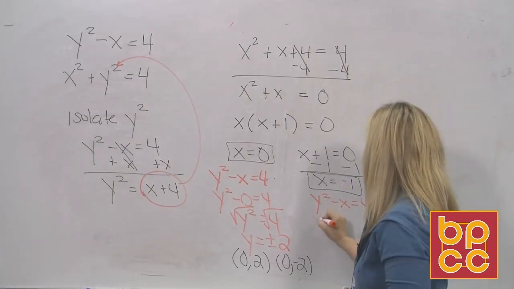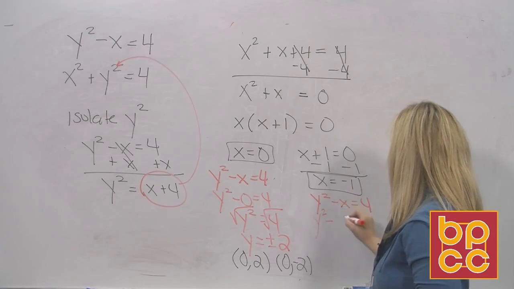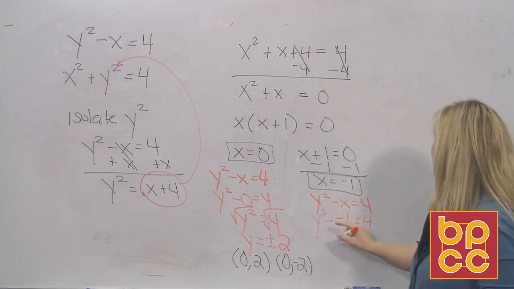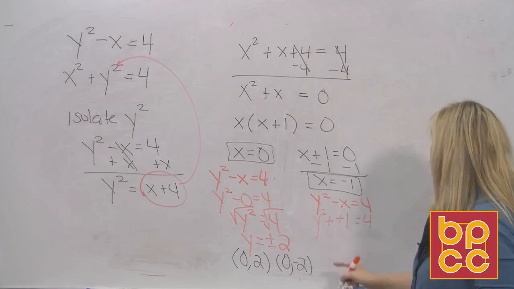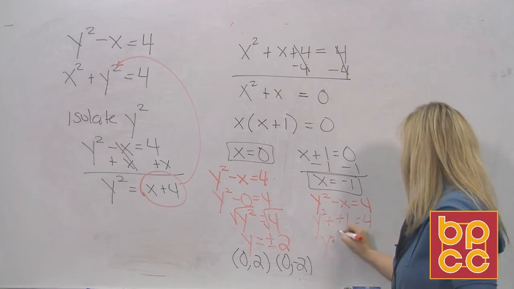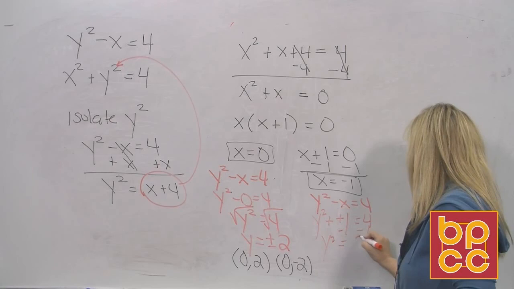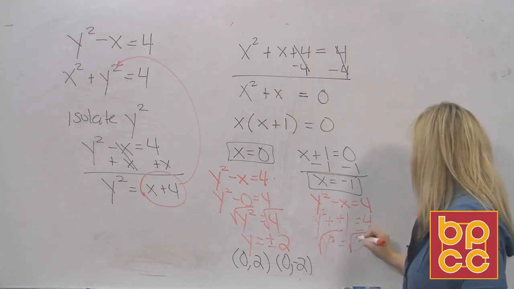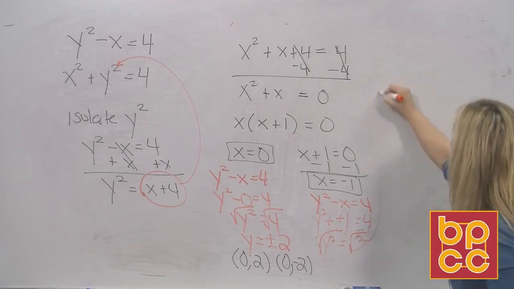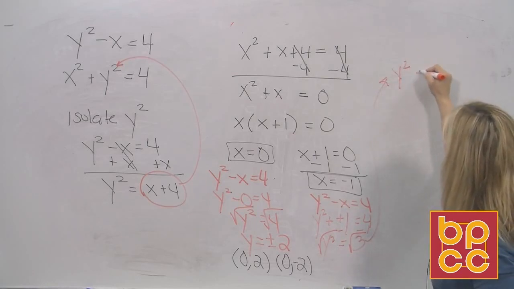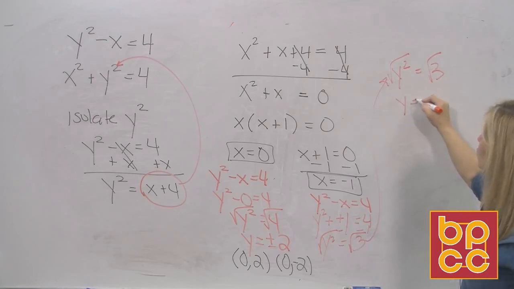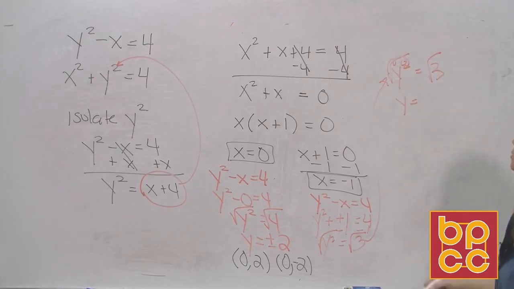So we're going to write y squared minus, we're going to replace x with negative 1, equals 4. Two negatives make a positive. So I'll move the 1 over by subtracting. I'll get y squared equals 3. I'll do the square root method. I have y squared equals 3. I square root both sides. y equals, because squares and square roots cancel, I always put my plus and minus.